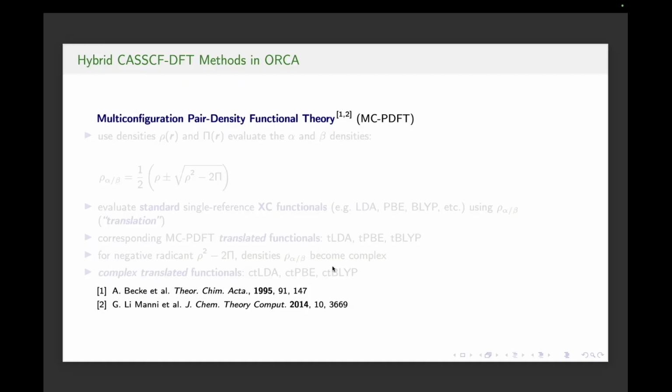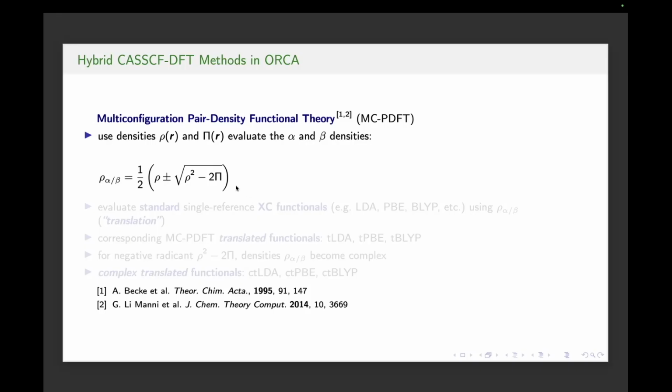In MCP-DFT, we need rho and pi to get the alpha and beta densities from this formula, which holds for a single reference theory based on a single determinant. It is, though, an approximation if you use it for a multi-reference method that is based on an MCSCF expansion of the wave function.